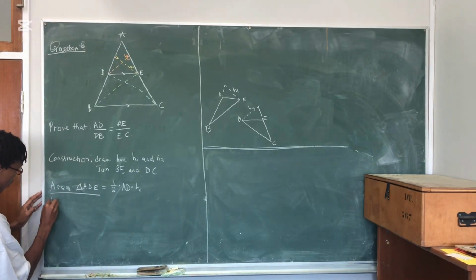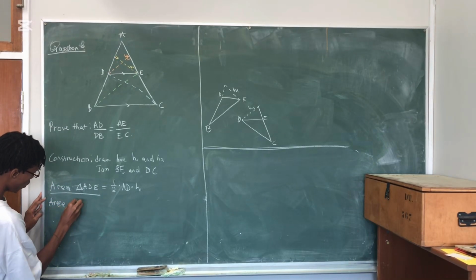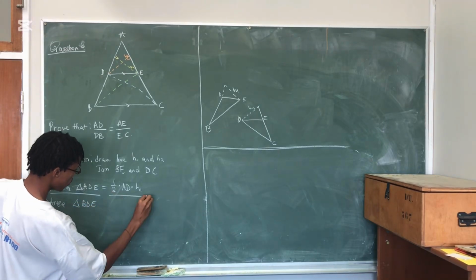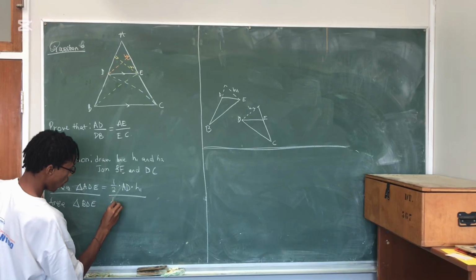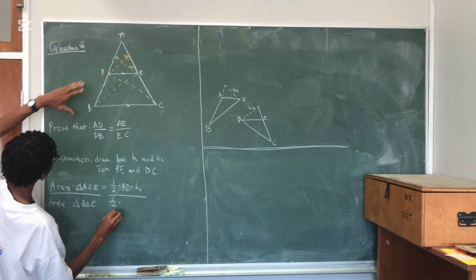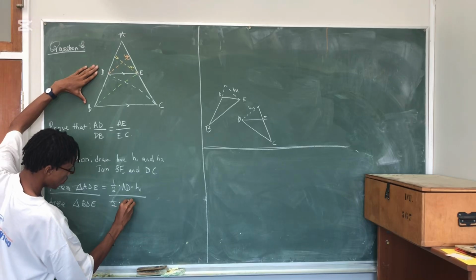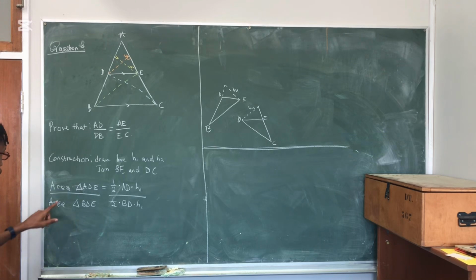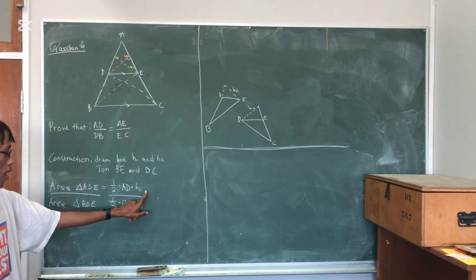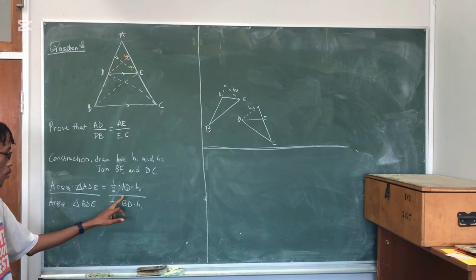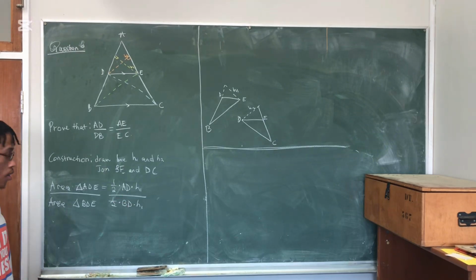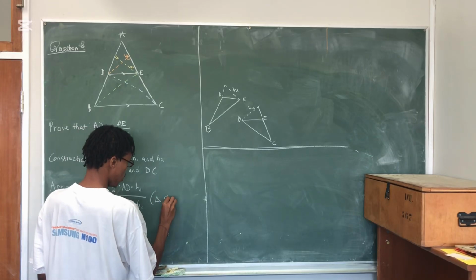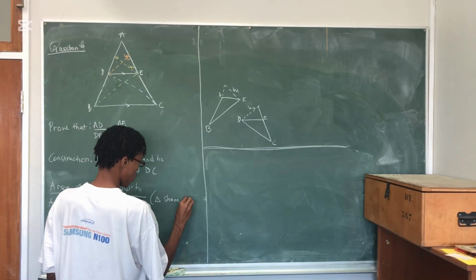So the area of triangle BDE is equal to, we're finding the ratio of the base. The base for this one is going to be BD, the height H1. So the ratio of areas that share the same height is going to be equal to the ratio of their bases. Our reasoning: triangles share the same height.